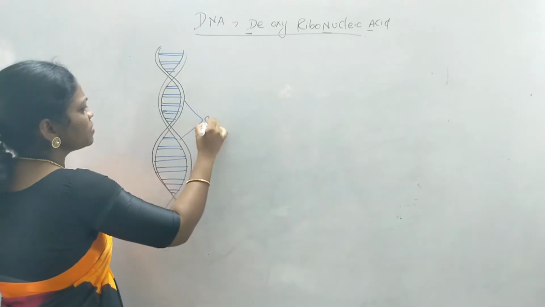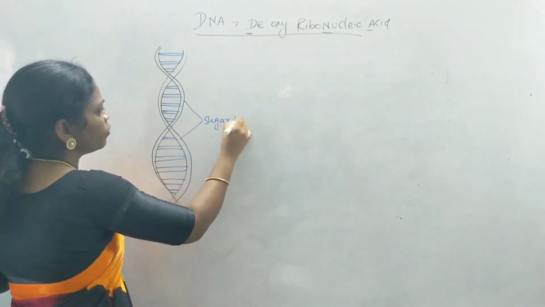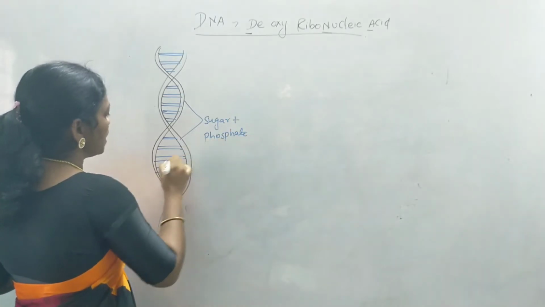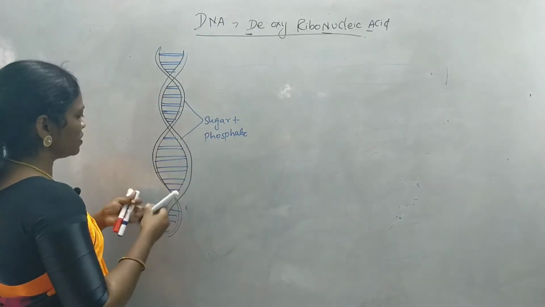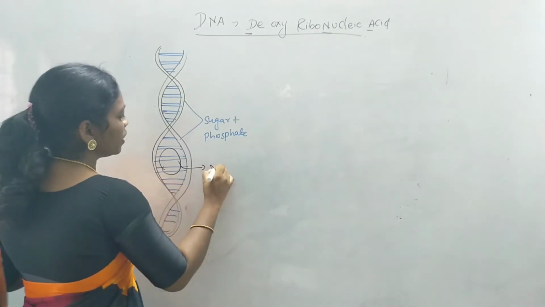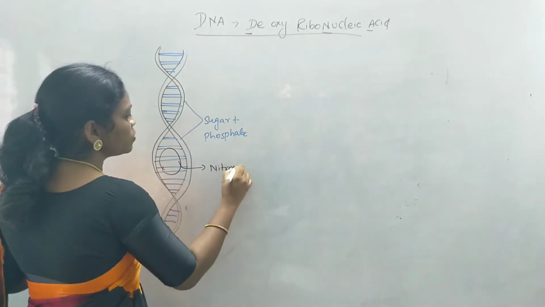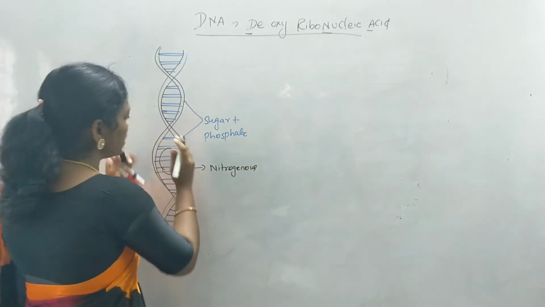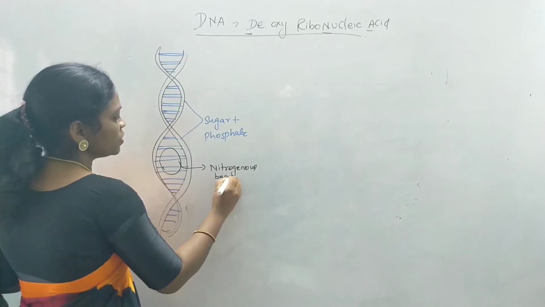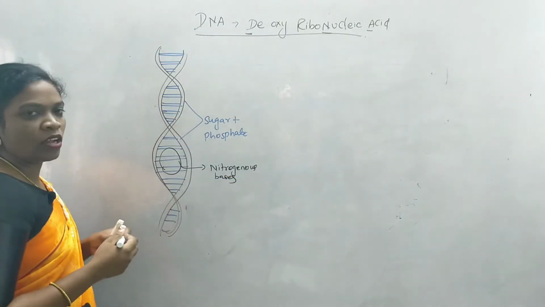This black colored structure is made up of sugar, that is pentose sugar, and phosphate. This central region is made up of nitrogenous bases. These nitrogenous bases help hold the strands in a proper way, or in another way they provide stability to the DNA molecular structure.